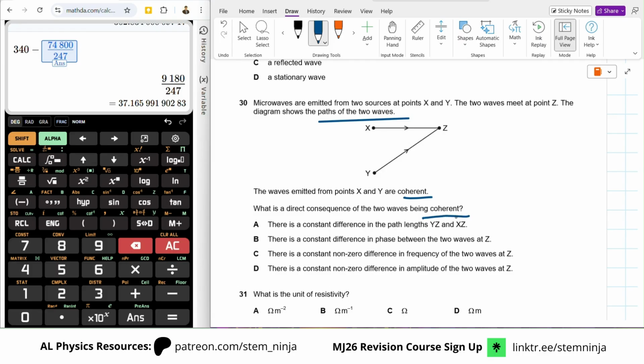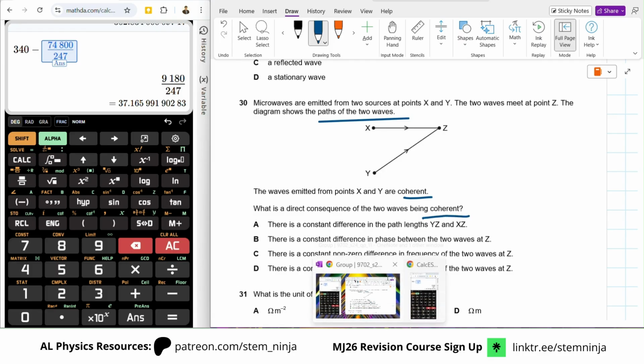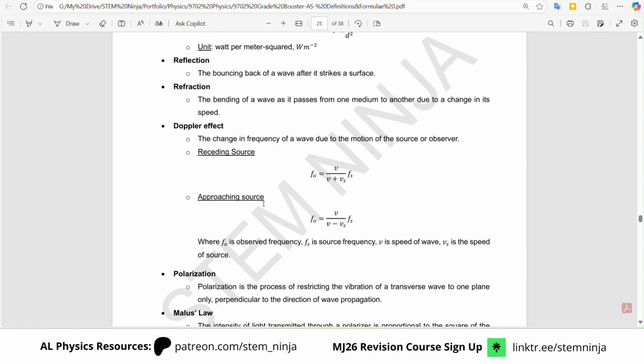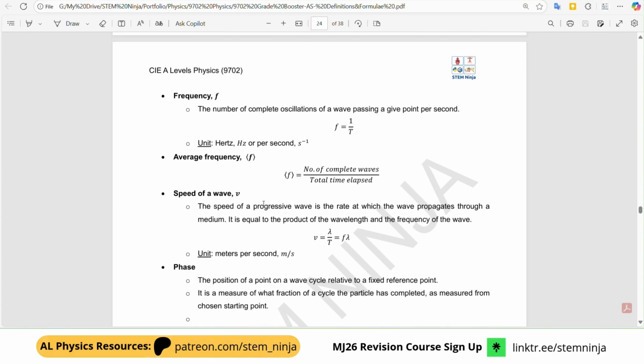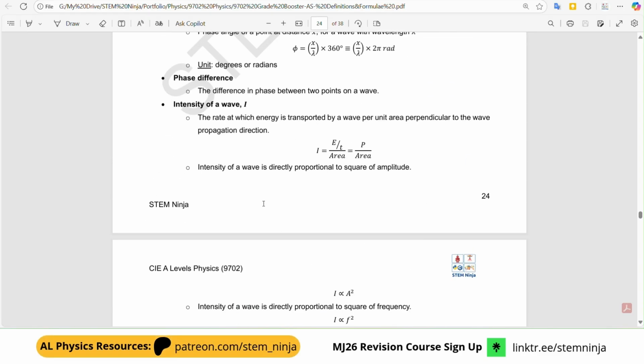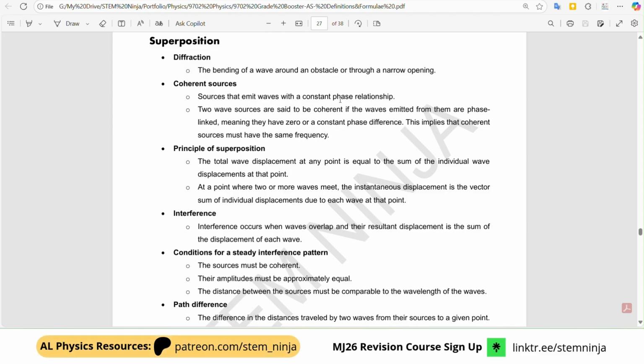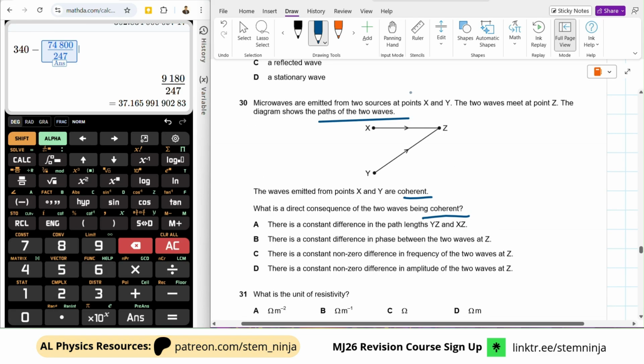So coherence basically means constant phase difference. So if you want to see that, coherent, oh sorry, actually this would be over here. Yeah, constant phase relationship, constant phase difference. So there's a constant difference in phase between the two waves at Z. So B part.